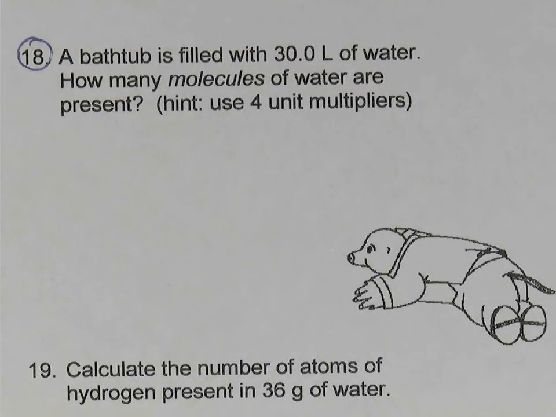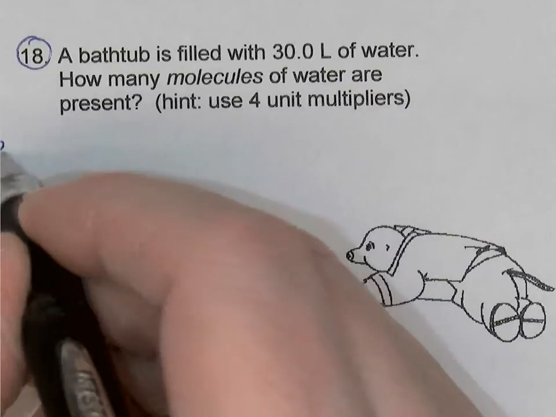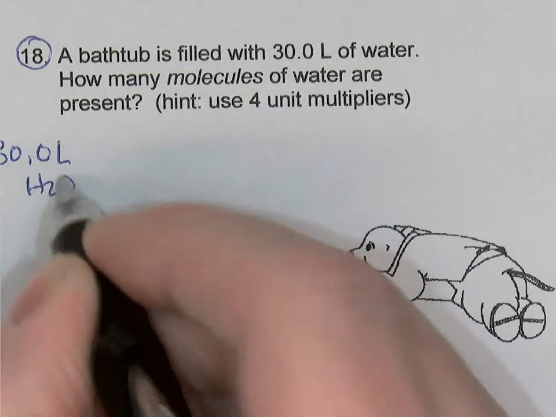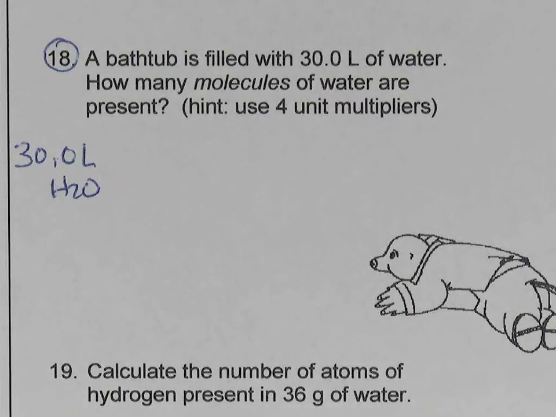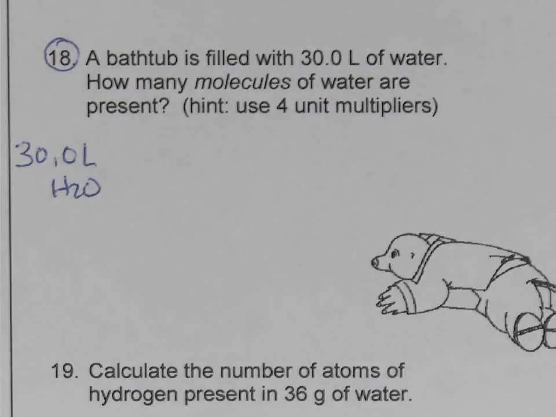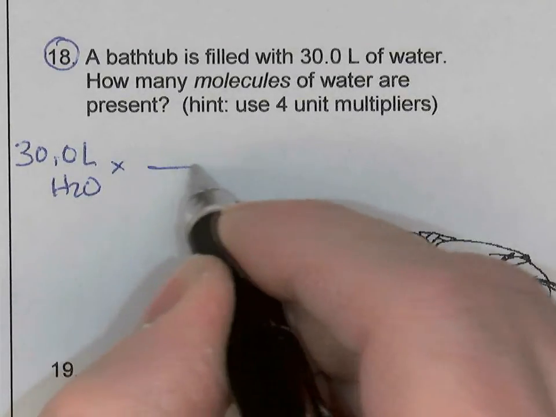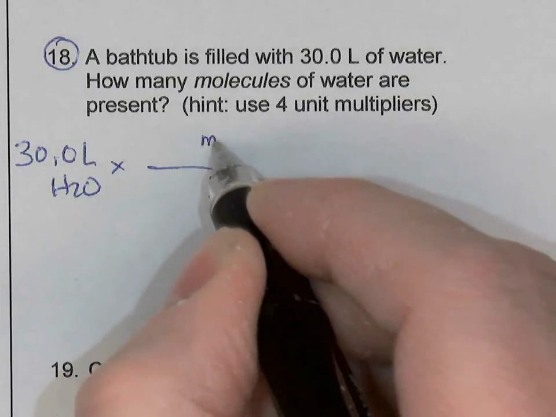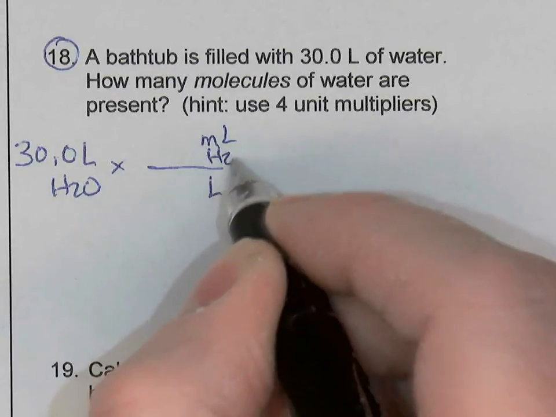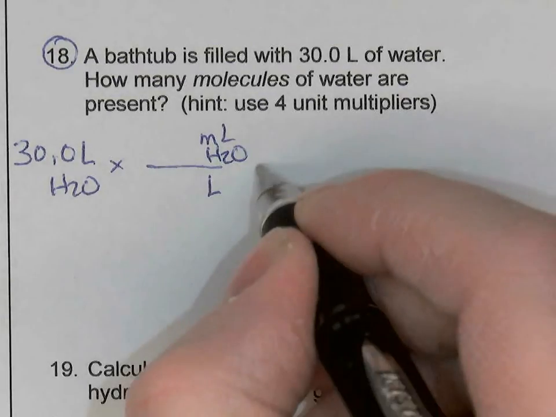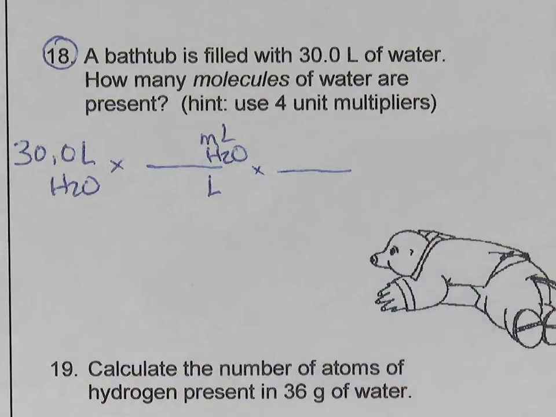So let's start with 30.0 liters of water. And what could we convert that to? Well, I suppose if I convert liters to milliliters of water, I could then use the density of water, which I know is 1.00 grams per milliliter. Okay, now technically density changes with temperature, but we'll assume that that's the density here.